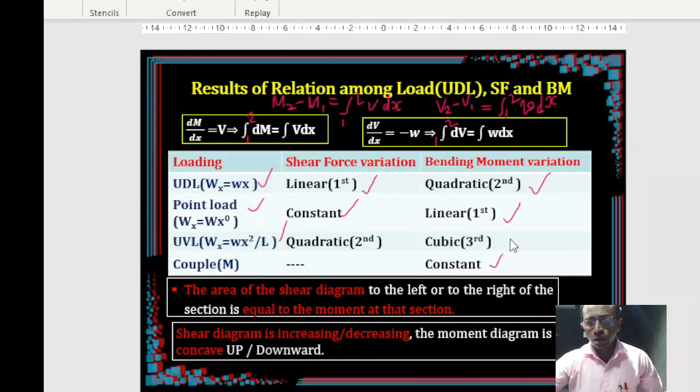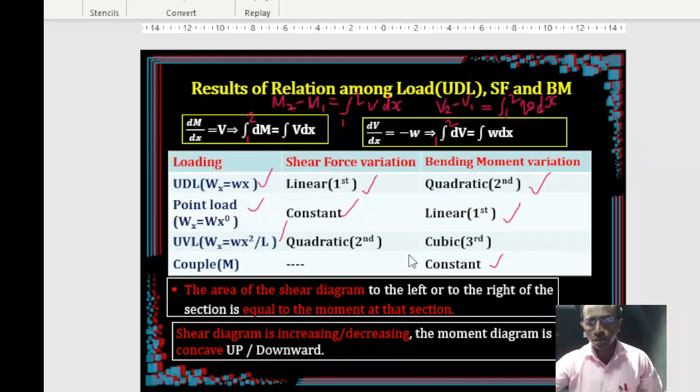What this exercise is telling us is that with this kind of relationship, we can directly sketch the shape itself without even knowing the magnitude. Straight away you can sketch the shape just by knowing the relationship between the load, shear force, and bending moment.